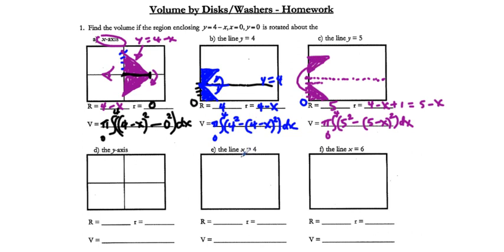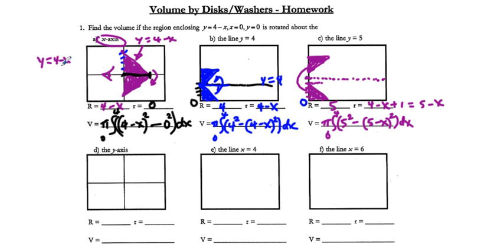Next, D, E, and F have to do with the y-axis. What we're going to do is take this equation, which is y equals 4 minus x. We're going to be doing things with respect to x, so we're going to solve this equation for x.